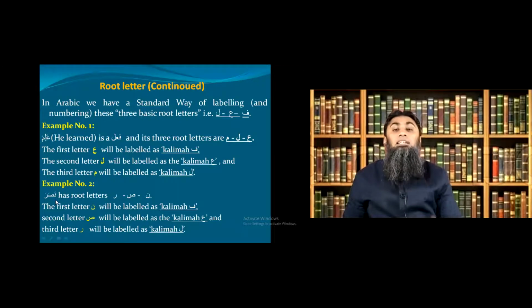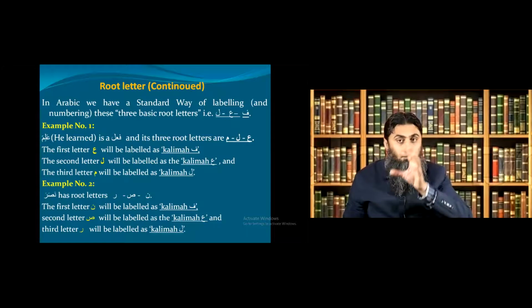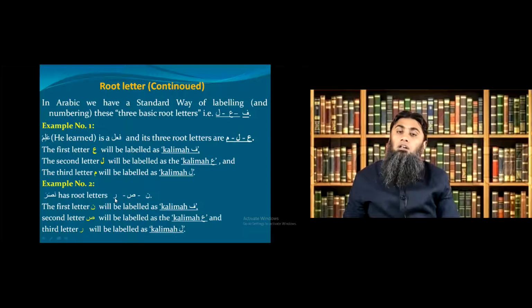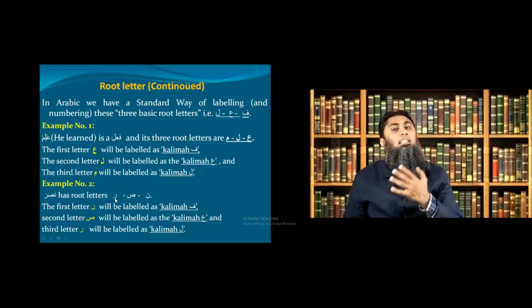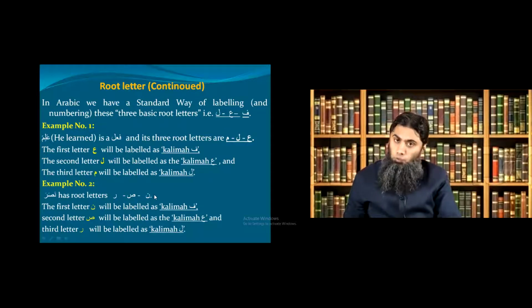Nasara, which means he helped. This nasara, or all the words which come from this pattern or from these root letters, have noon, sod and ra in common, and then there will be some extra letters here and there, but noon, sod, ra will be common. Now this noon is the first root letter.